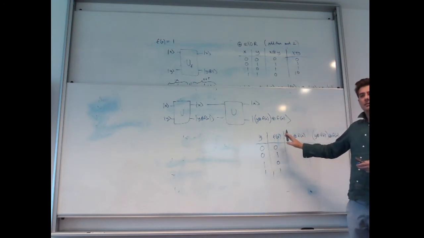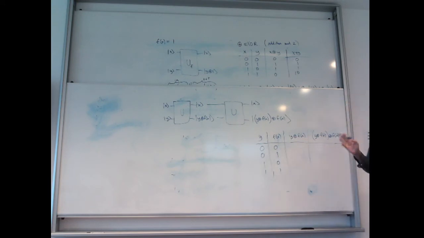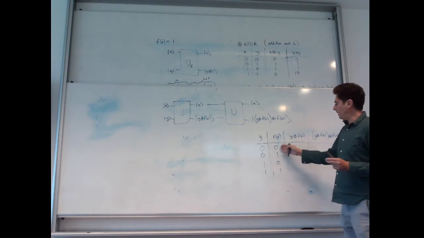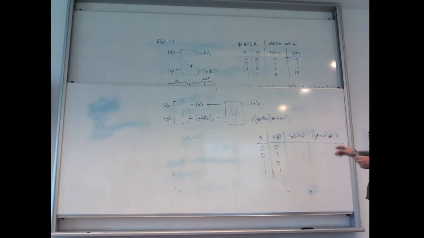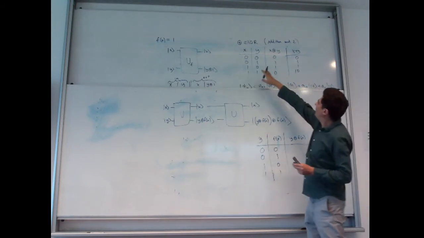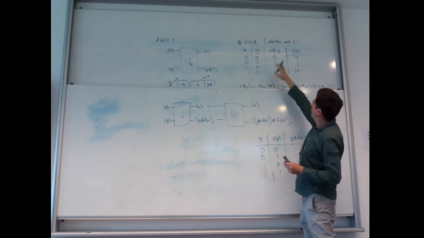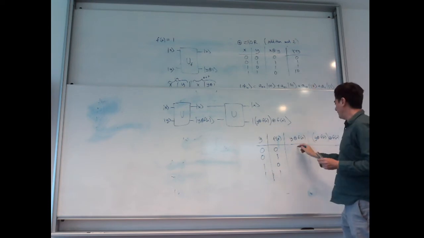Whatever x is, depends on what x is for f of x, but f of x is a binary function, and it can only be 0 or 1. So we're just looking at four cases of f of x. Here we use the modular addition rules. So basically this column is just a copy of that one.